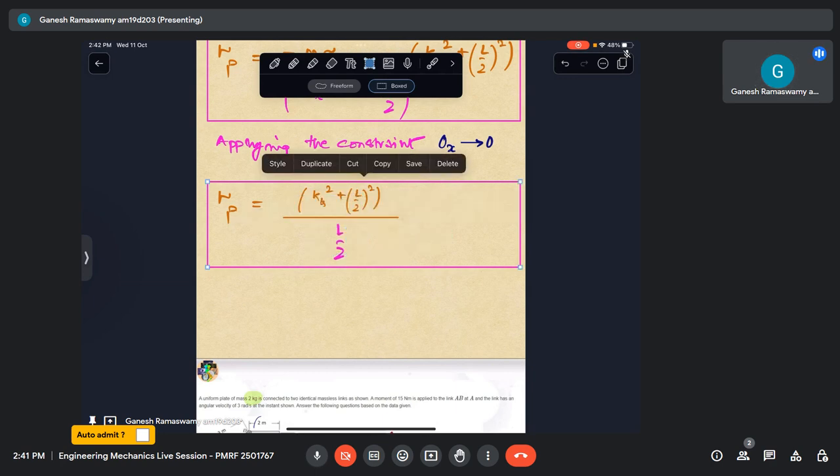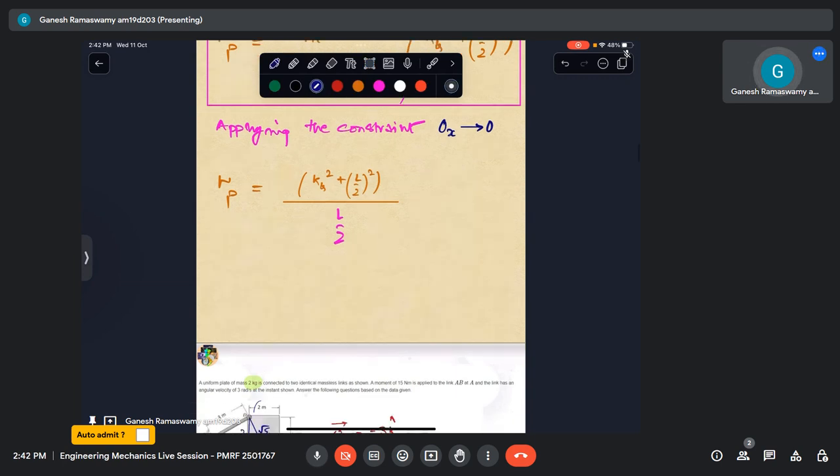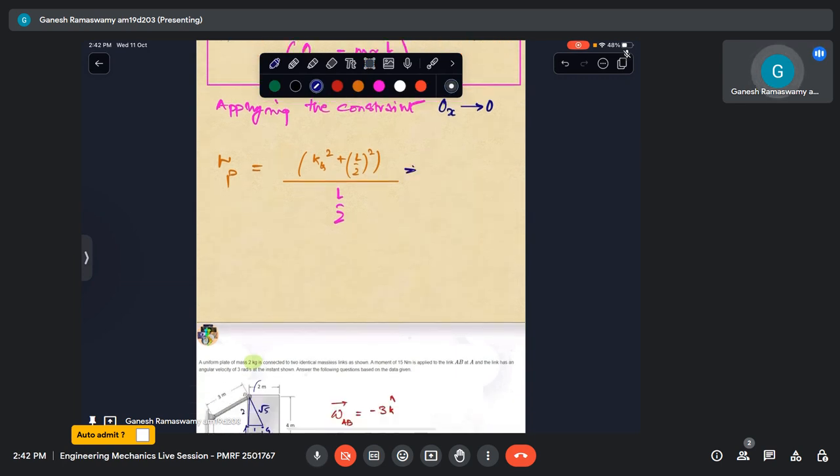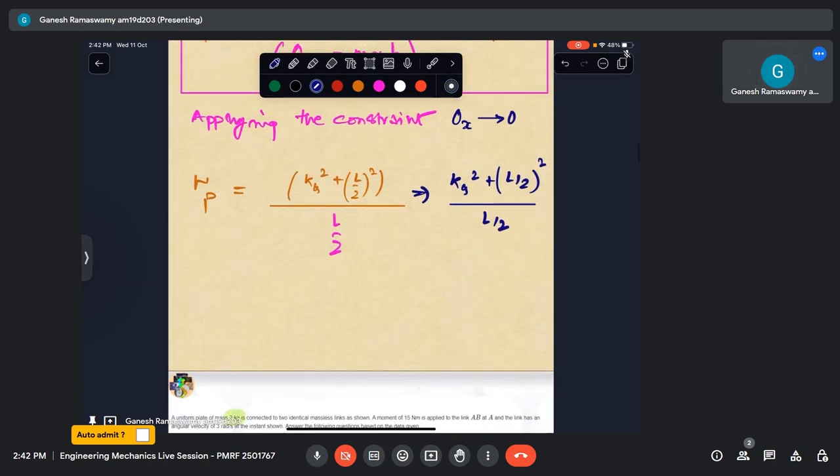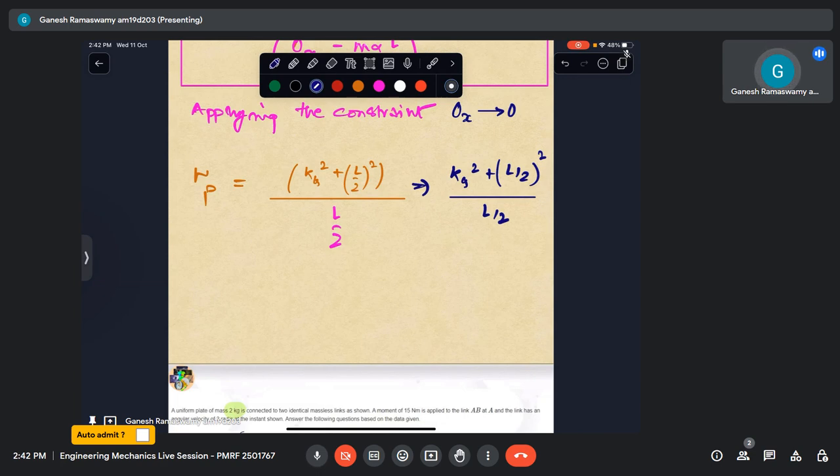So this is what my distance comes out to be. If I were to write it a little neatly, this says kg squared plus L by 2 squared by L by 2. So this is my distance of the center of percussion from the pin O.